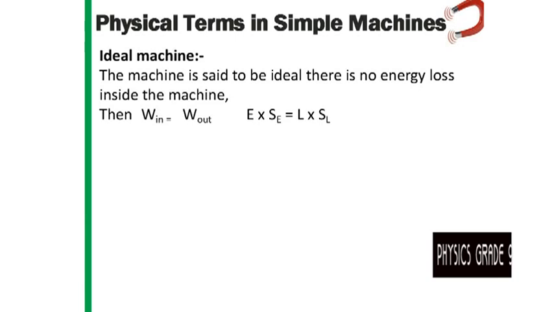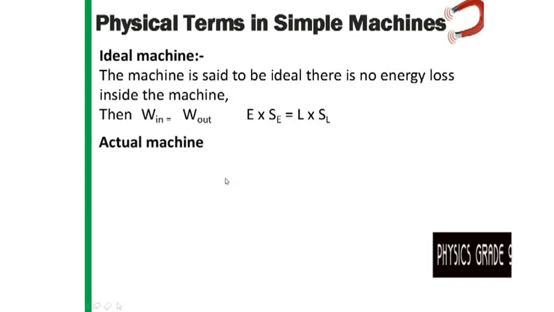Because work input can be written as the effort times the effort distance, and work output as the load times the load distance, these two must be equal to each other. In other words, E times SE is equal to L times SL.